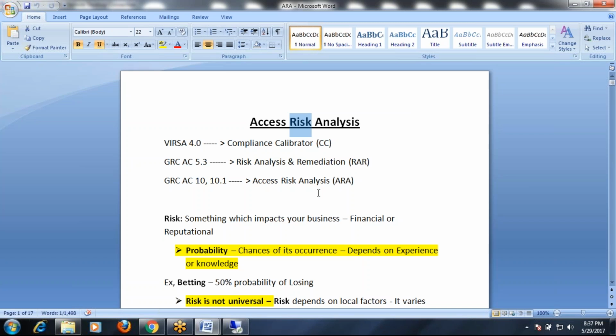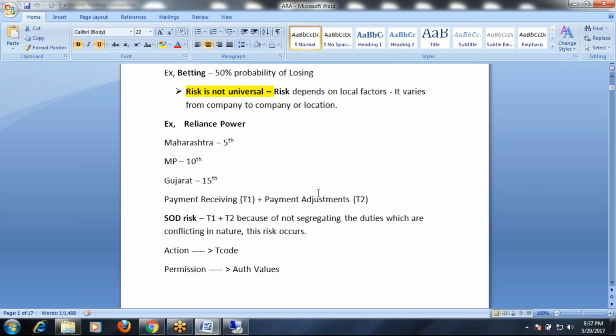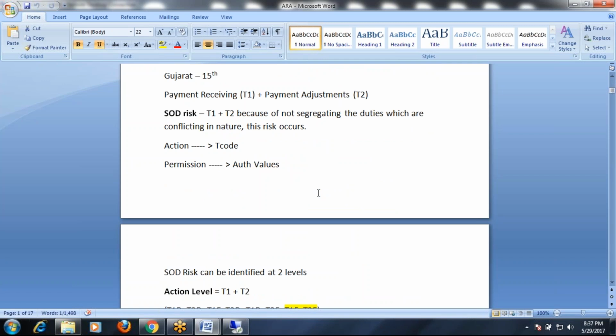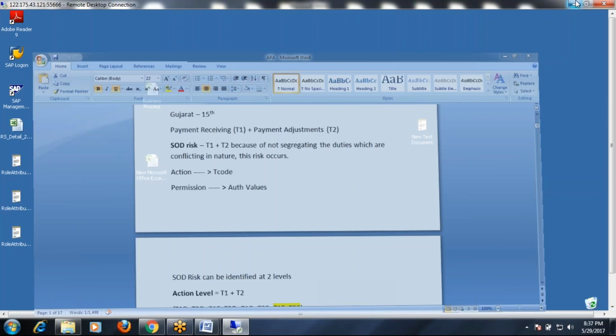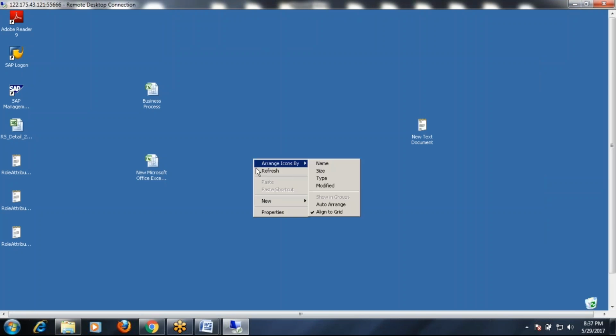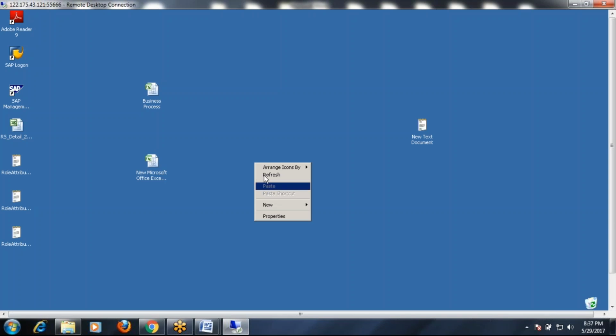So what exactly is a risk? How can you define a risk? If you give two functions to one person, it will be a risk. Take Anand, for example.